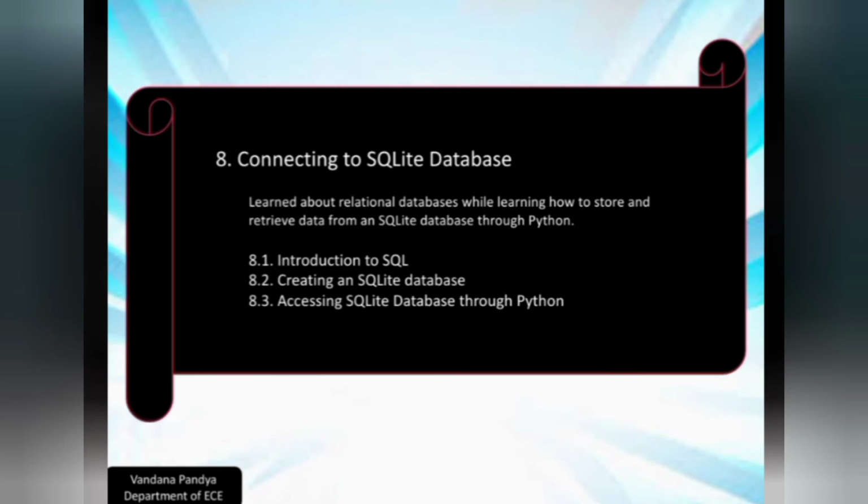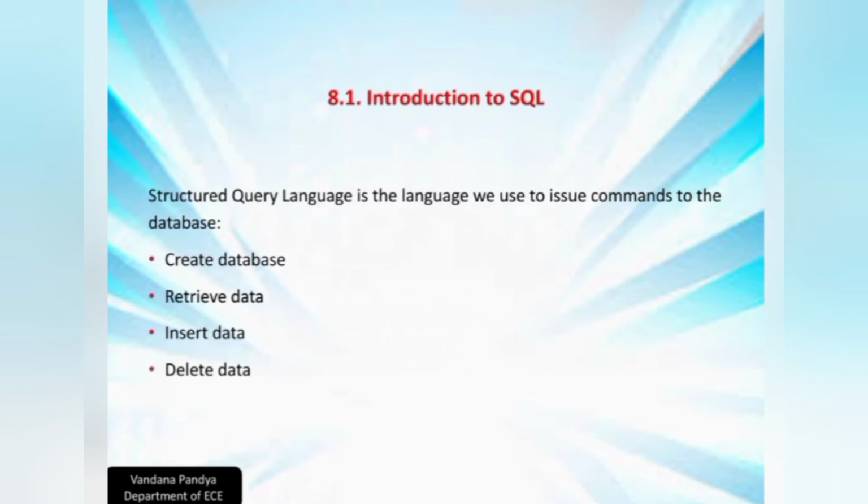The training also had a module on storing and retrieving data from an SQLite relational database through Python. So what is SQL? SQL is Structured Query Language. Here we play with databases.